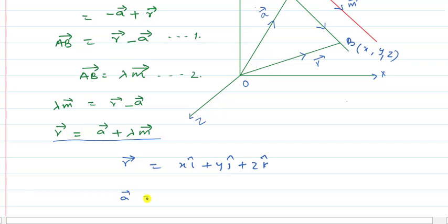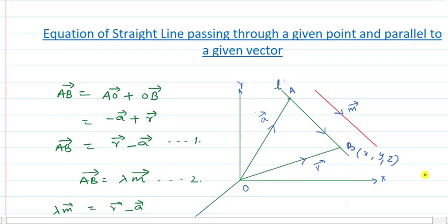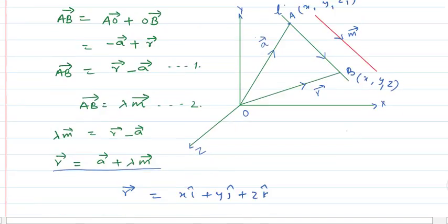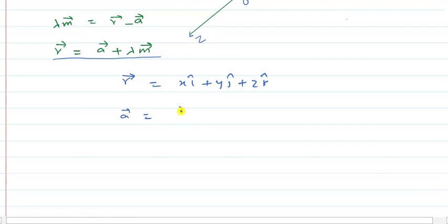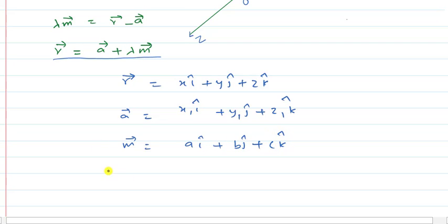Similarly, vector A can be represented in component form if we take x1, y1, z1 as the coordinates of this point A, that is the passing point. So we have x1 i cap plus y1 j cap plus z1 k cap, and let M have its component form as a i cap plus b j cap plus c k cap.